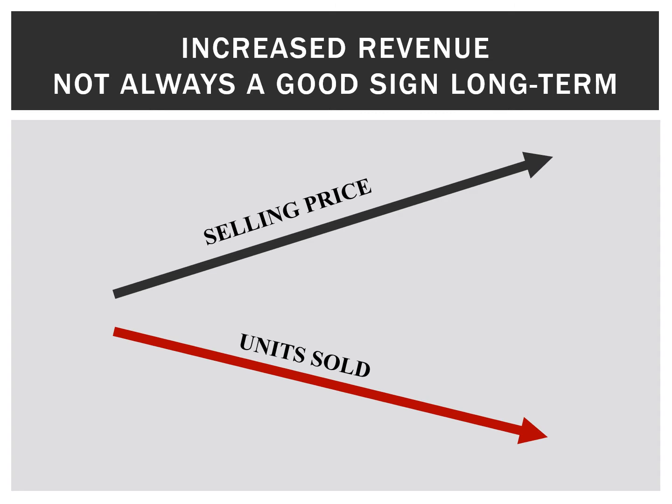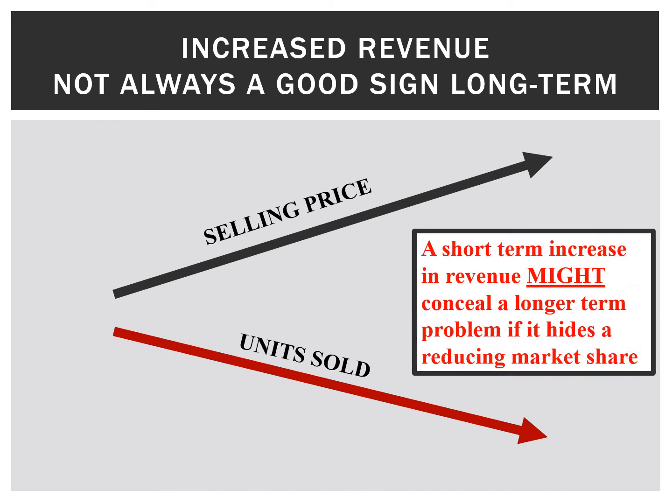And as I've said before, the profit and loss account doesn't tell us how many units we've sold. It just tells us the revenue generated from sales. So we might have to increase the selling price to compensate for a falling market share, and ultimately that could mean that we end up going out of business.